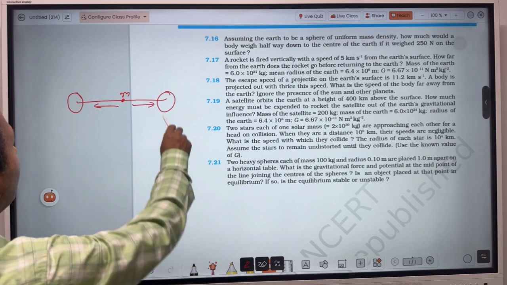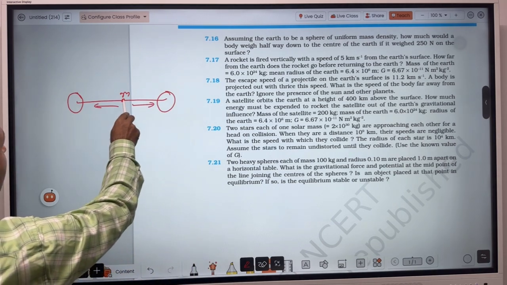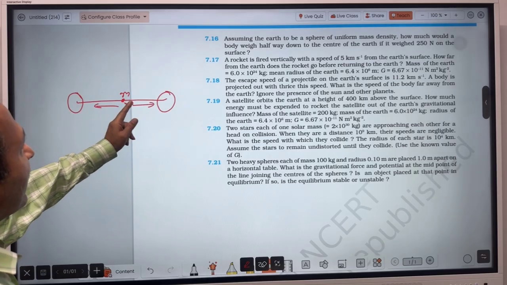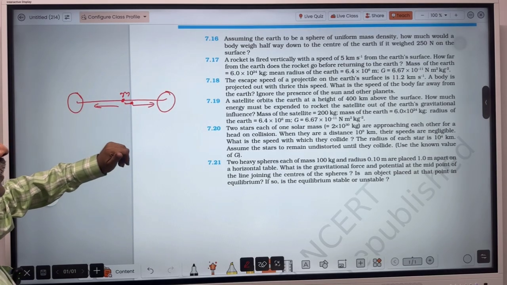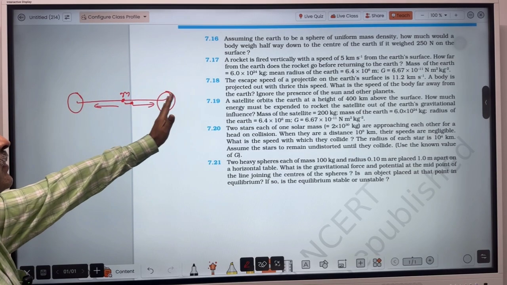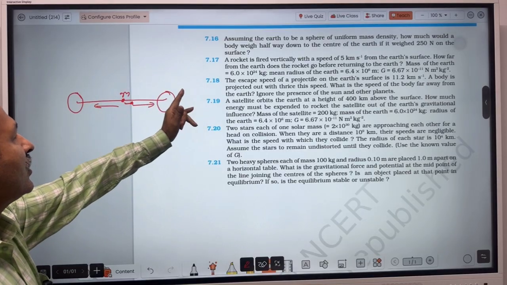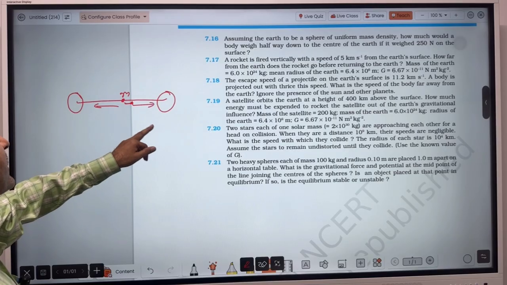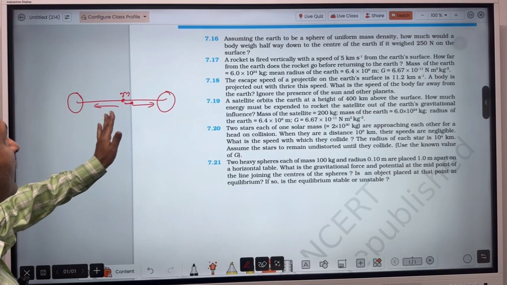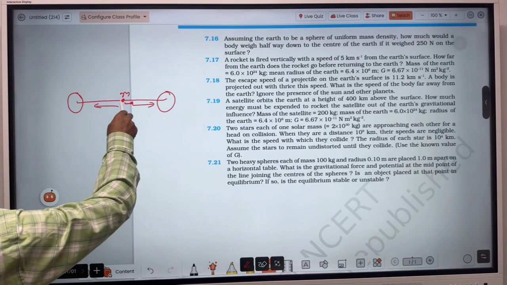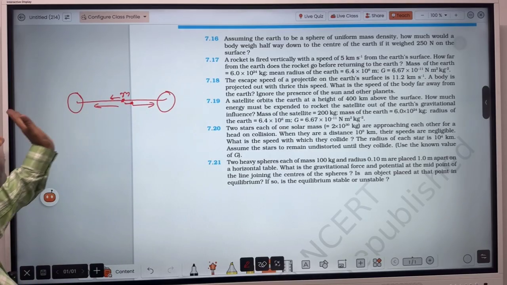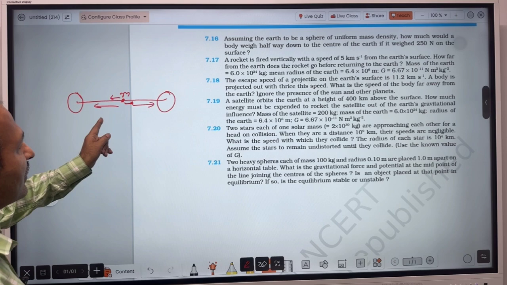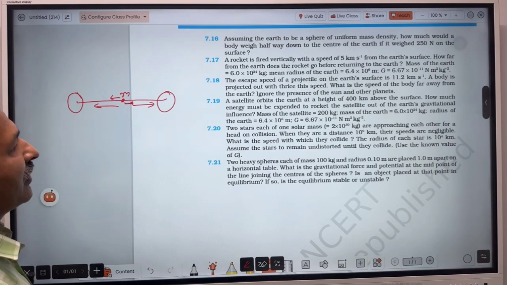But stable or unstable, if you want to check, just give a push to this object. Suppose it moves here. Will it come back to the original position? No, because in this direction force will be more, so it will be attracted by that. If such a situation is there, then we say the equilibrium is unstable, right? Or if you push the object in this direction, it will move in this direction only, it will not come back. Since it is not coming back, it means equilibrium is unstable.